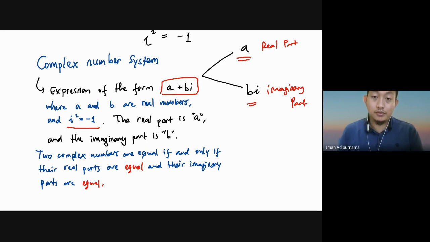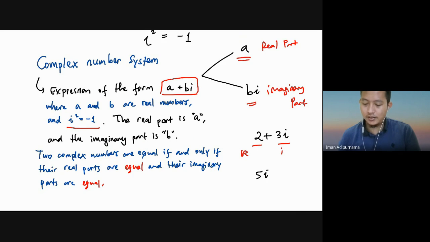A complex number can be, for example, 2 plus 3i. This is the real part, and this is the imaginary. If I have 5i, it only has an imaginary part, and the real part is 0 in this case.